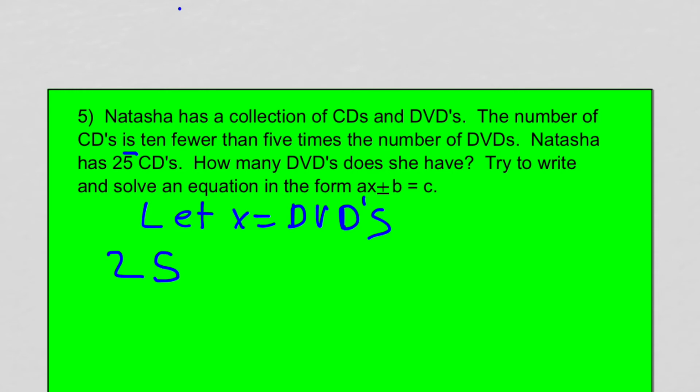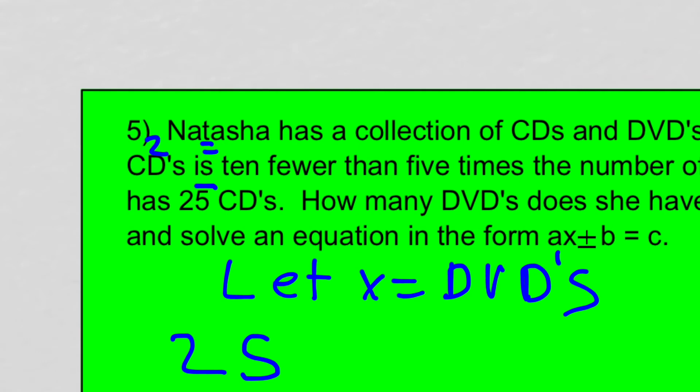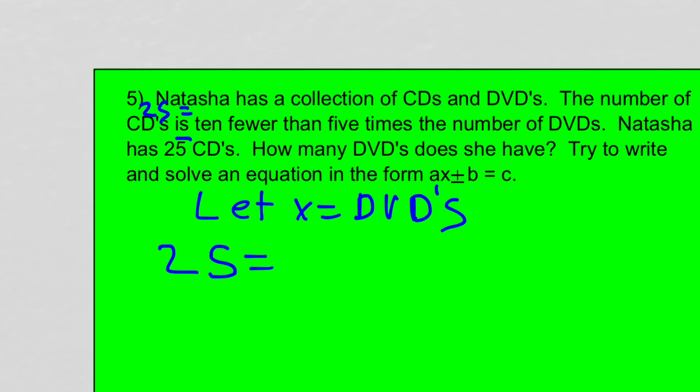Is often means equals. So the CDs, 25, equals 10 fewer than. Fewer than often means minus. 5 times the number of DVDs.